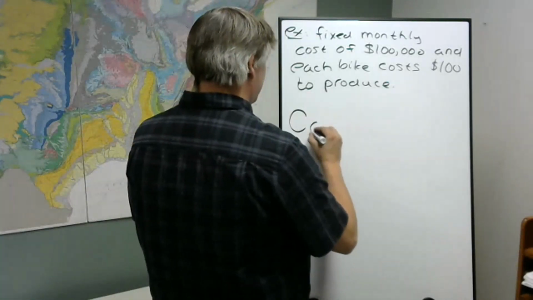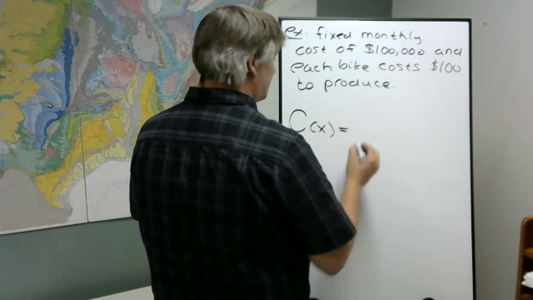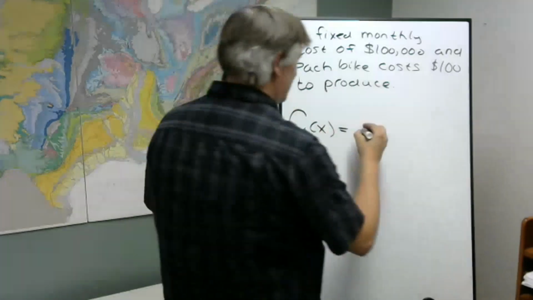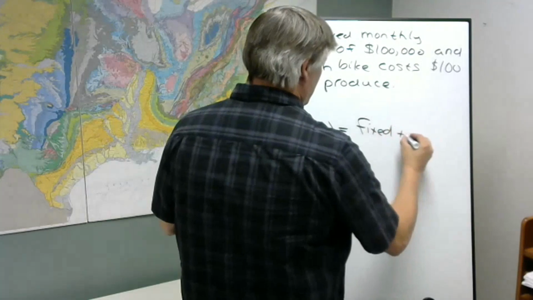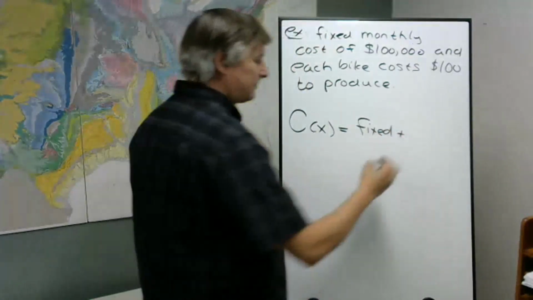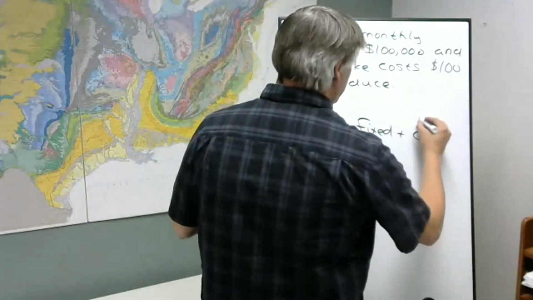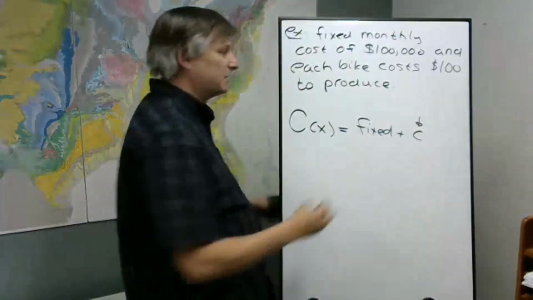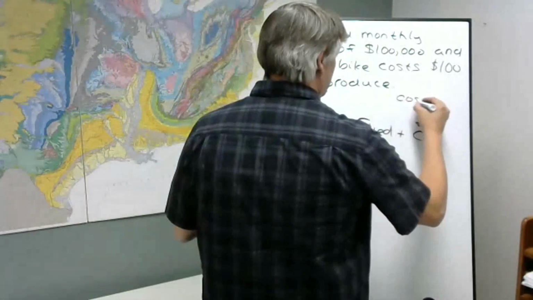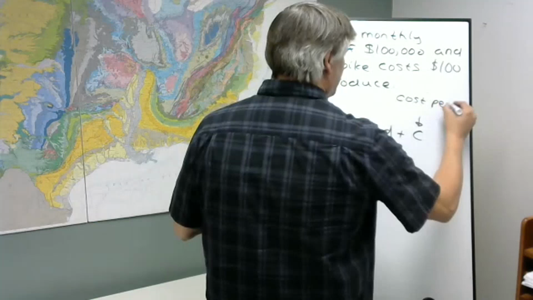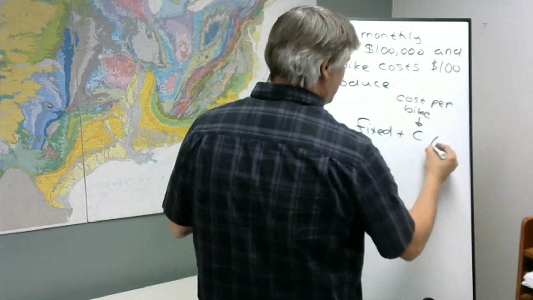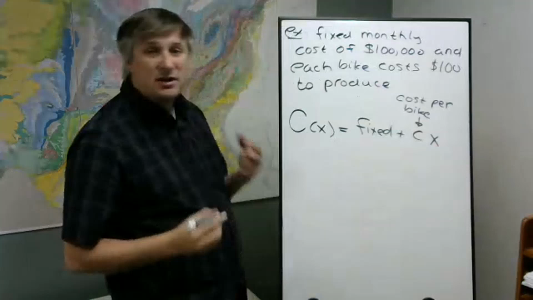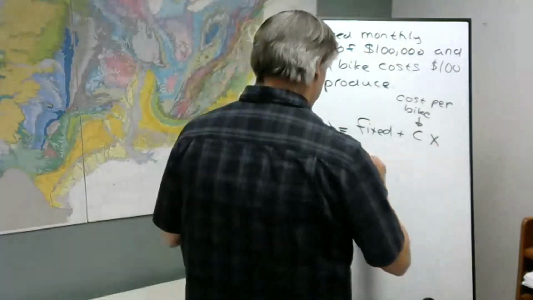The total cost C is going to be the fixed cost plus the cost per unit, or for us, it'll be per bike, and then X is the number of bikes.